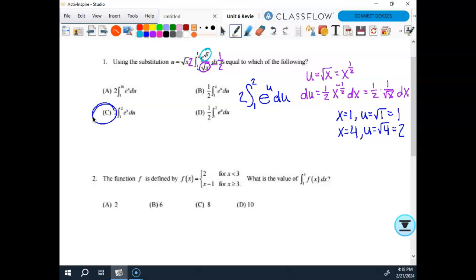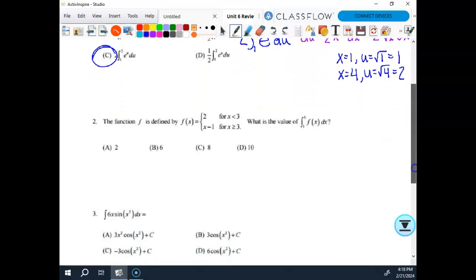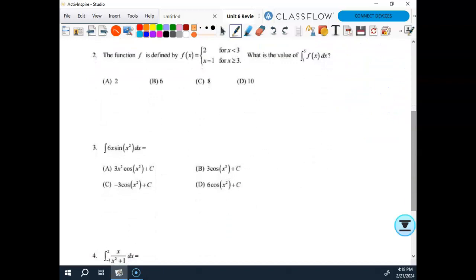Okay. So this one was actually on your last review, but I did it differently because we hadn't done all these integration techniques yet. But I can split this up. I'm still going to split it up like we did before. I want to integrate going from 1 to 5, but this is a piecewise function and it gets broken at 3, so I need to break it into 2 pieces.